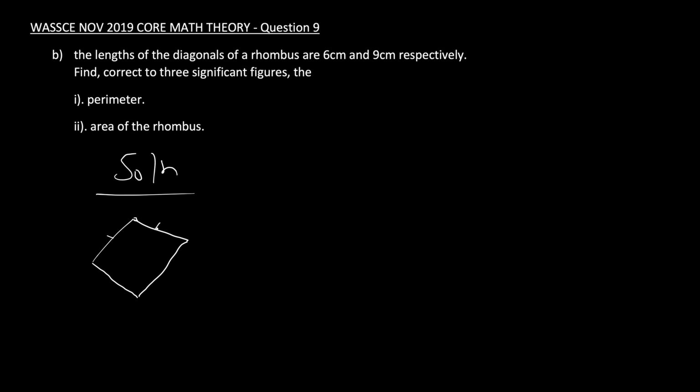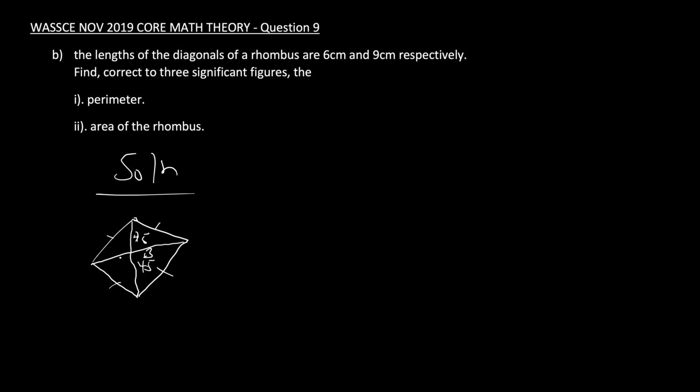Now we know that all sides of a rhombus are equal. Then we have the inner diagonals of the rhombus. The longest diagonal is 9 centimeters. So we have 4.5, 4.5. And then the shortest is 6 centimeters.